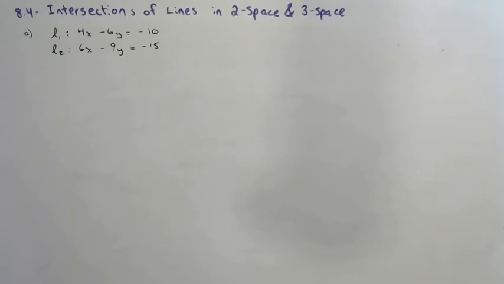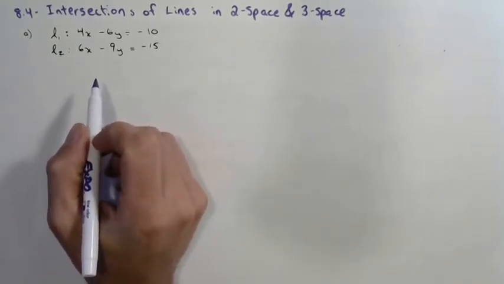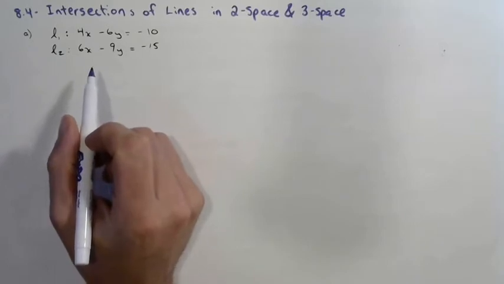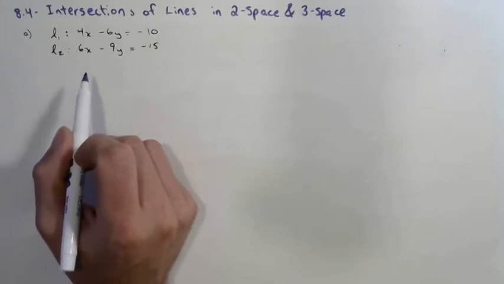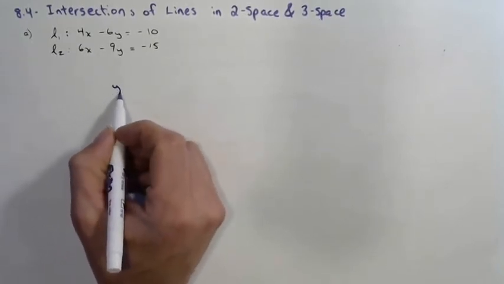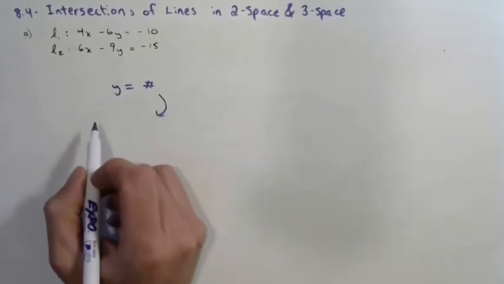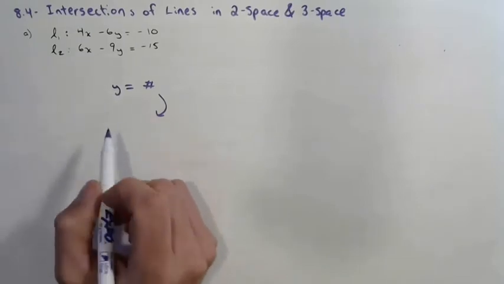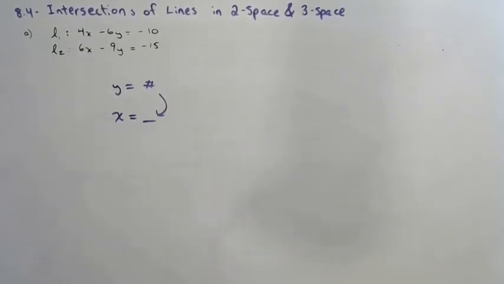Then we would use elimination to eliminate one of the variables and solve for the other variable. Once you have a solution like y equals whatever it is, you sub that back into one of the equations in order to find out what x is, and there's your solution to the linear system.